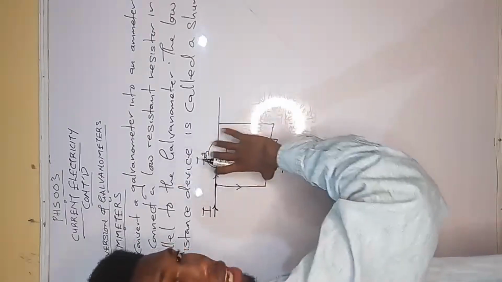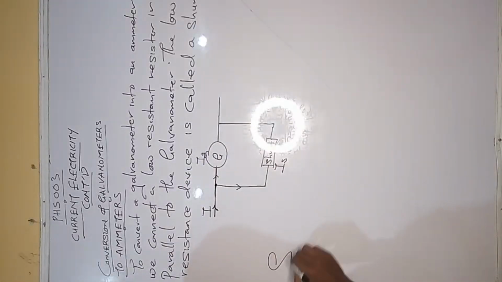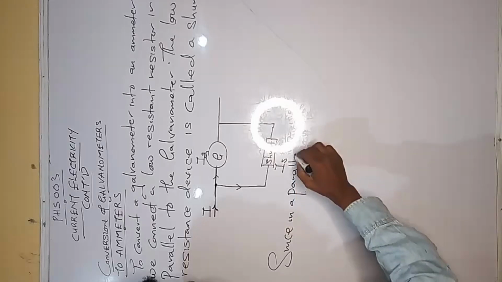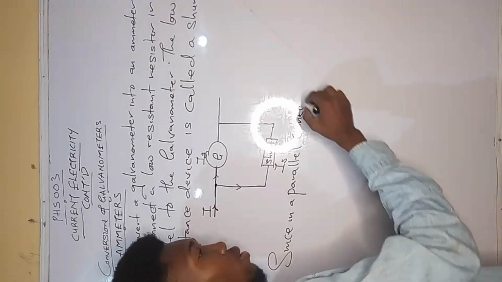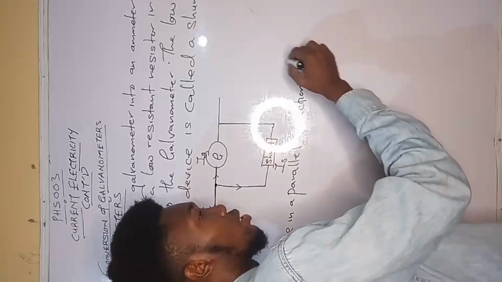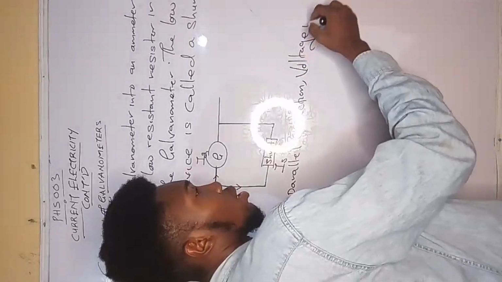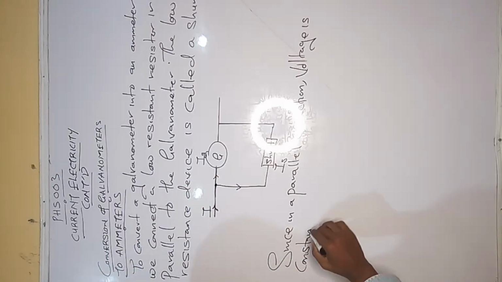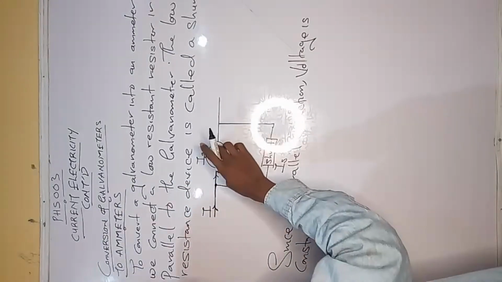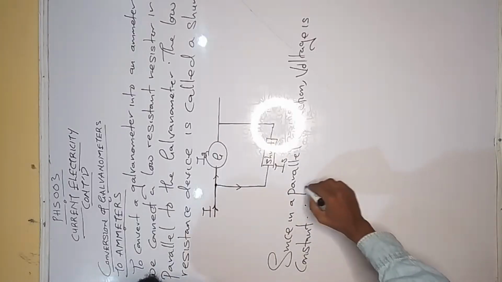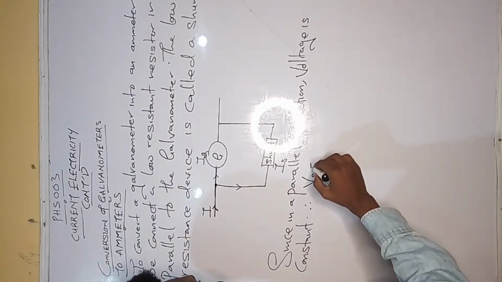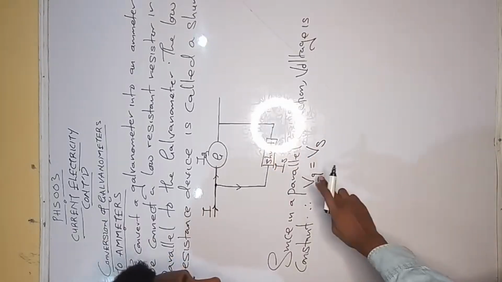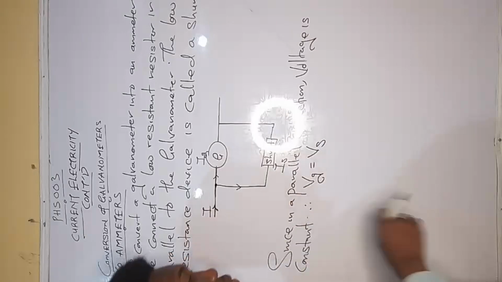Since in a parallel connection voltage is constant, the voltage in the galvanometer has to be equal to the voltage across the shunt, that is Vg equals Vs.